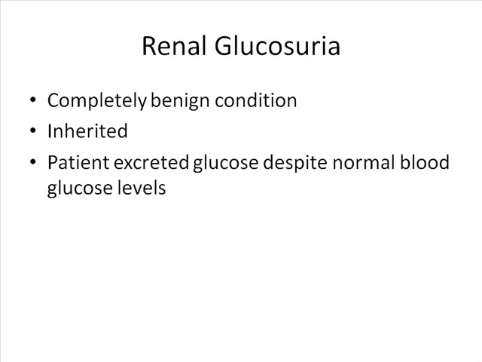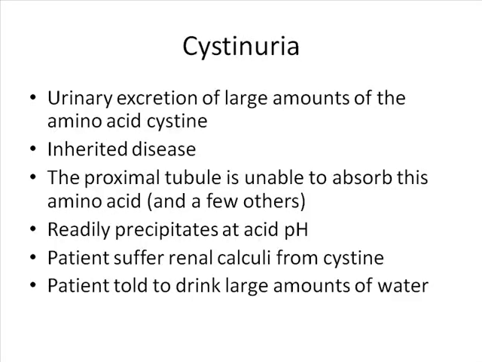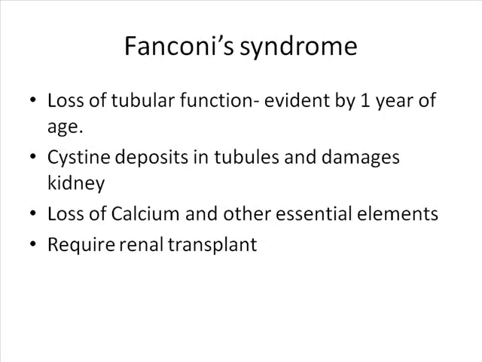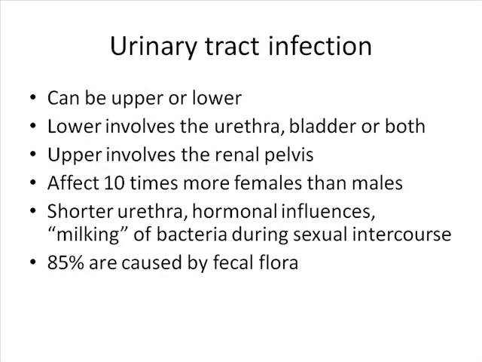Remember, high levels of glucose not only can cause problems to the renal system, it can cause problems to your circulatory system. All right. We talked about cystinuria. I'm not going to go over that again. We did that. Fanconi's is also a syndrome that you will see cystine depositing in the tubules.